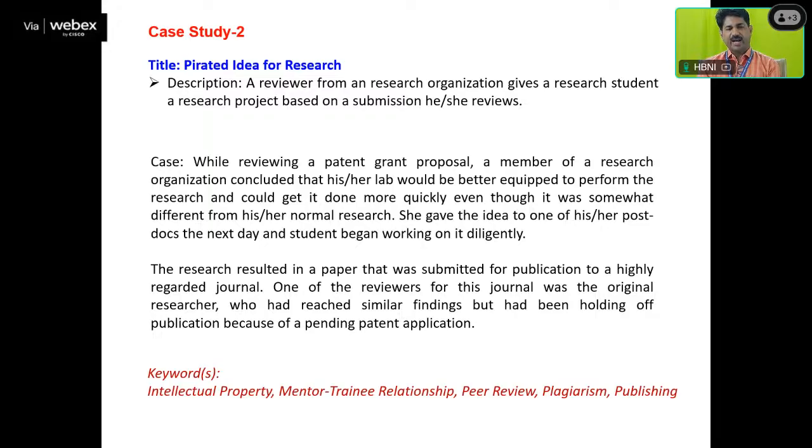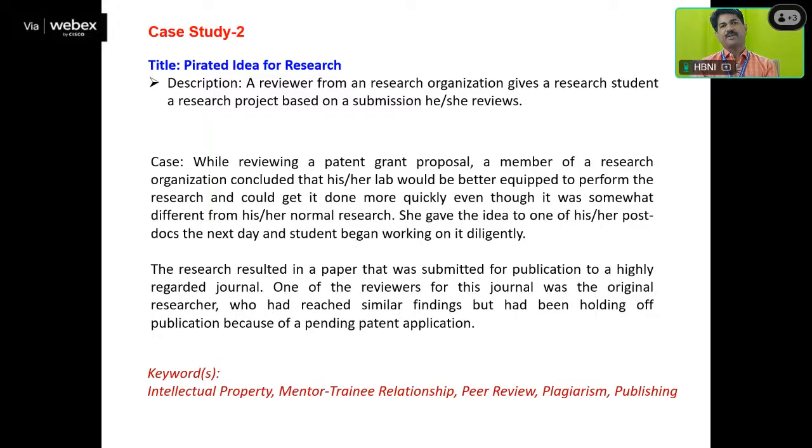He or she gave the idea to one of his or her postdoc fellows the next day, and the student began work diligently, and the student completed the work. The research resulted in a paper that was submitted for publication in a highly regarded journal. One of the reviewers of the journal was the original researcher who had reached similar findings but had been holding off publication because of a pending patent application.